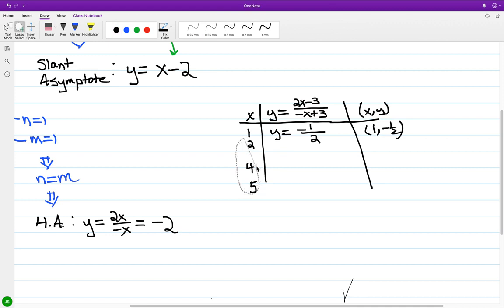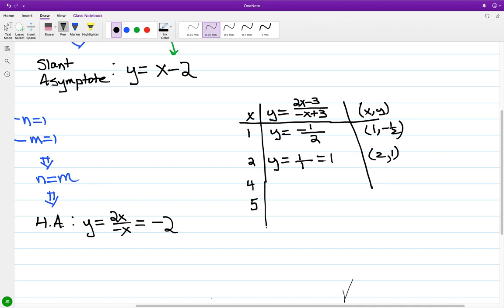And taking x at 2, 2 times 2 is 4, minus 3 is 1. The negative of 2 plus 3 comes out to positive 1, so y is equal to 1, so we have 2, 1.